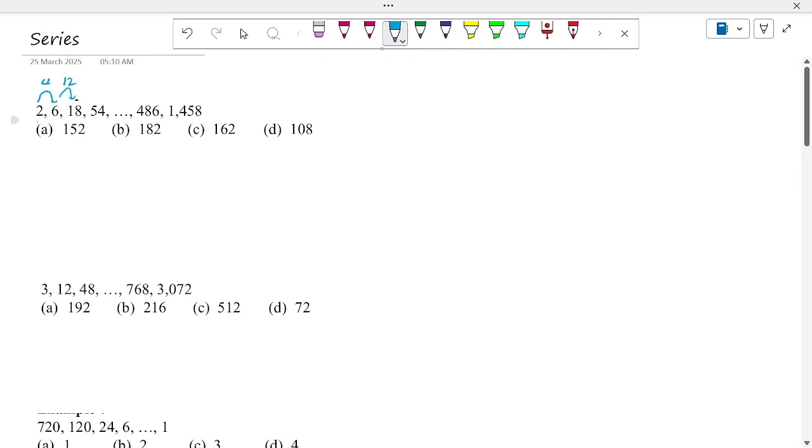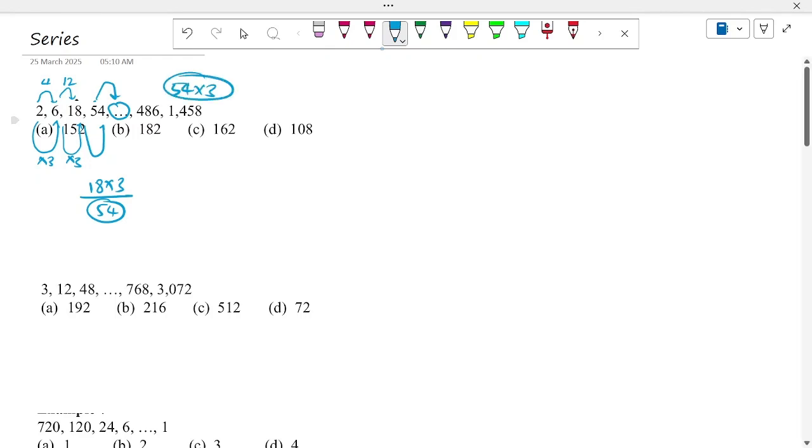You can see it is being multiplied by 3, into 3, into 3, into 3. 18 into 3, how much? 54, right? That's why the number that we get here will be 54 into 3.